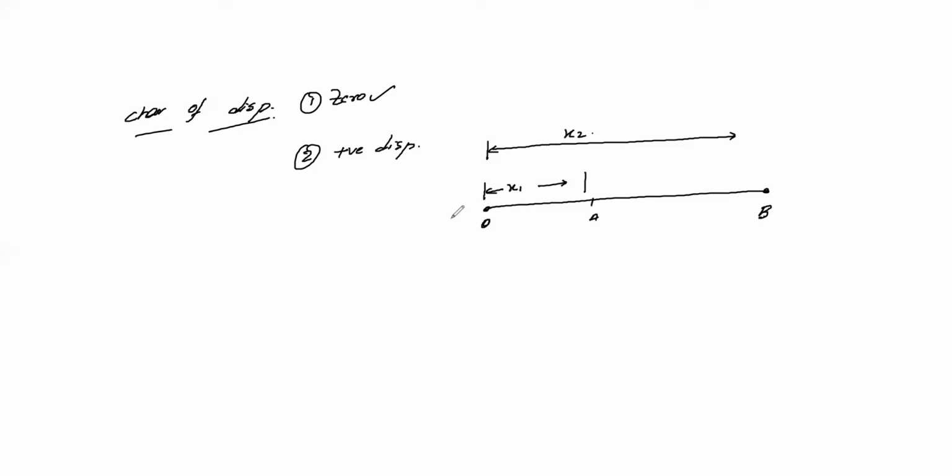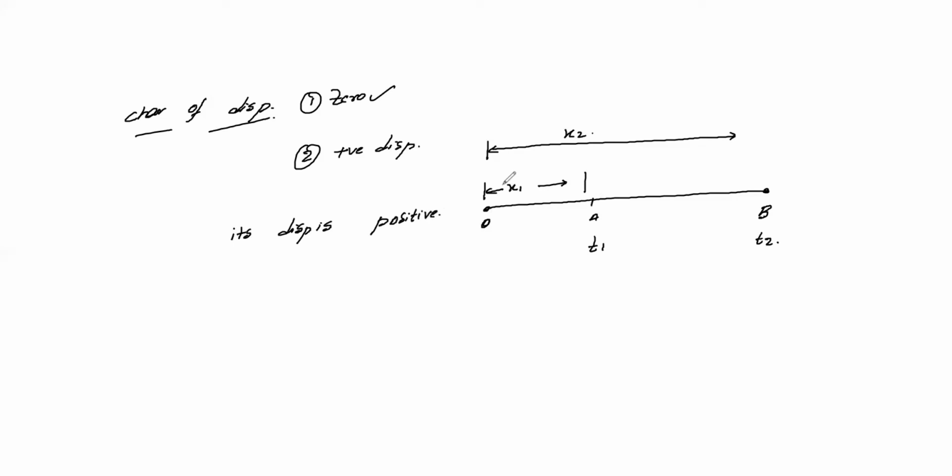When the object moves towards the right in time t1 to t2, its displacement is positive.